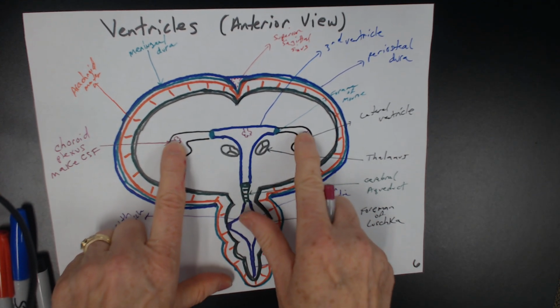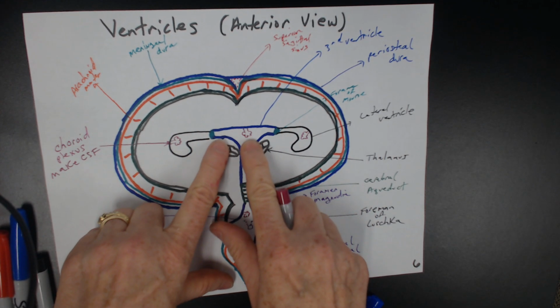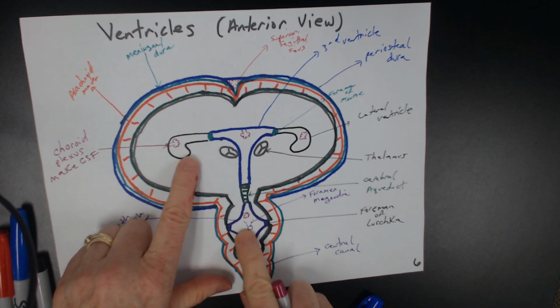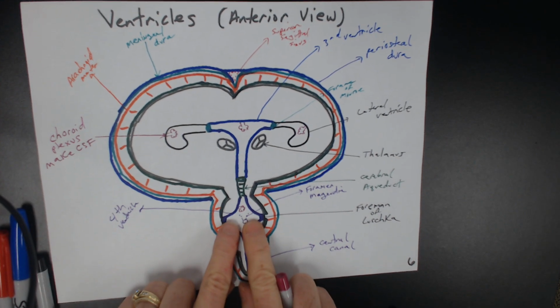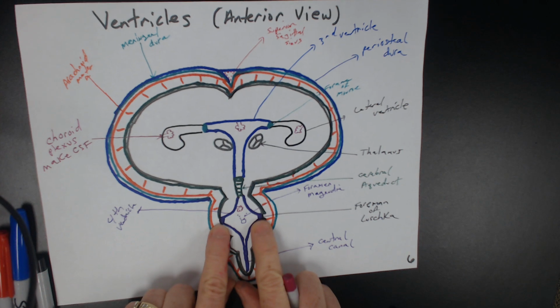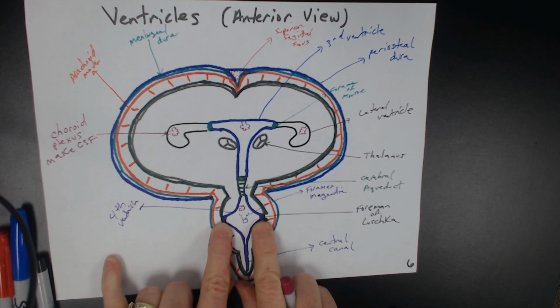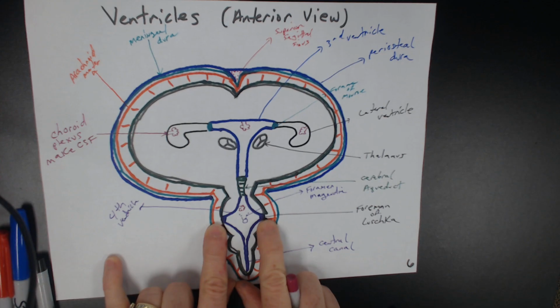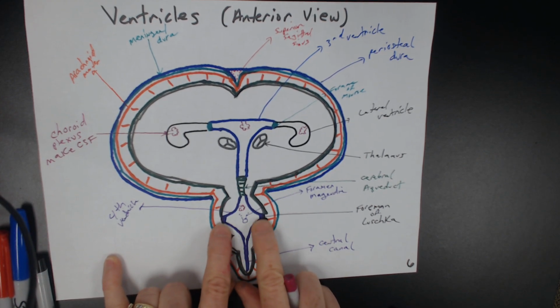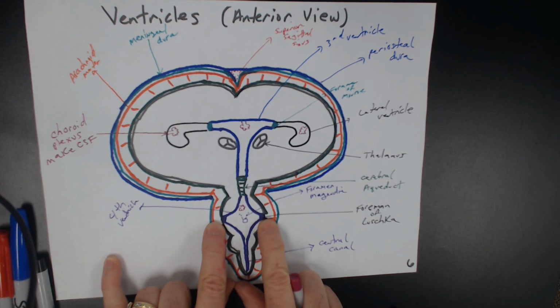And it fills these lateral ventricles with this cerebrospinal fluid. Okay, and you can see that the CSF can actually drain through both the foramen of Luschka and the foramen of Magendie directly into that subarachnoid space. So that's how the fluid, the CSF, gets into the subarachnoid space.